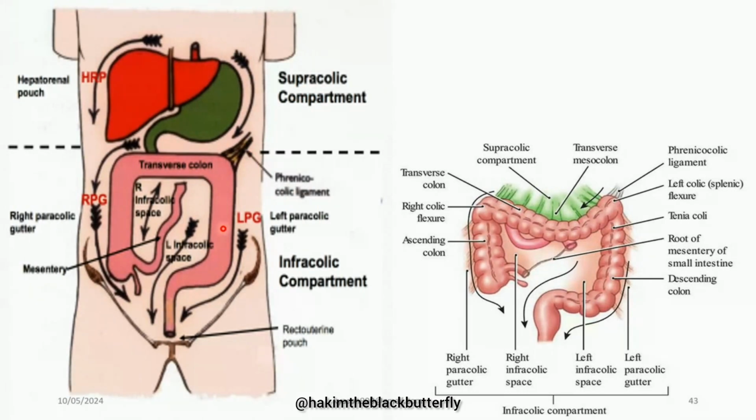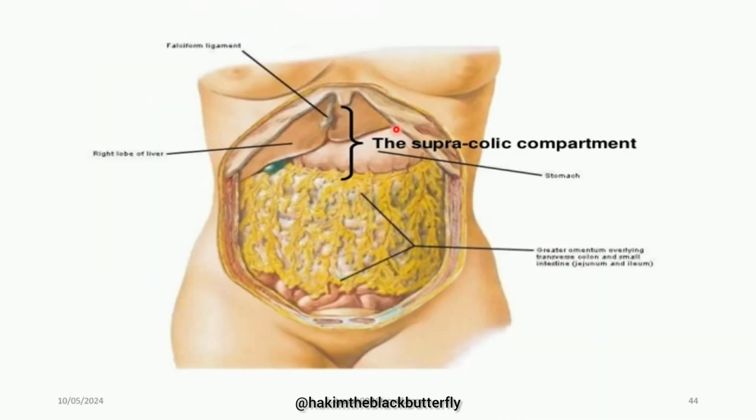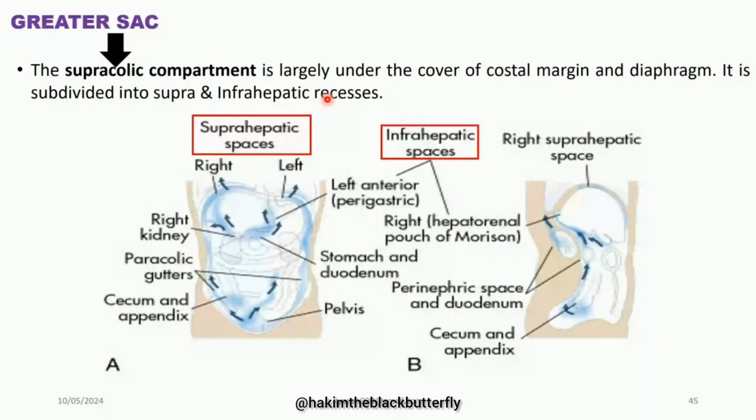Okay, so this supracolic compartment, it's this one up here, above the transverse colon, or above the transverse mesocolon, and it's going to be made up of potential spaces. Remember, it is this whole area here, the supracolic compartment.